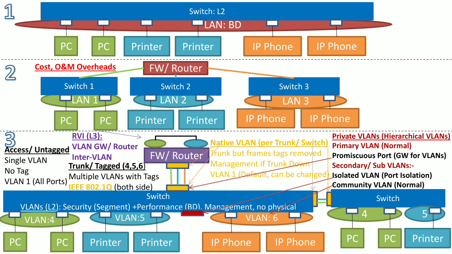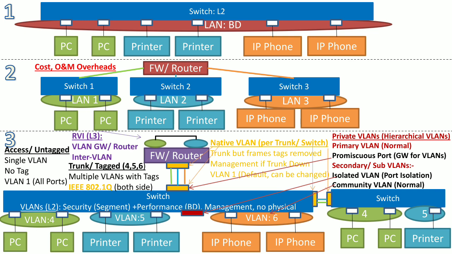In this hierarchical VLAN, we have two hierarchies. First is the primary VLAN, and in this primary VLAN there are multiple secondary or sub VLANs. And in these secondary or sub VLANs, there are two types of VLANs, that is isolated VLANs and community VLANs.